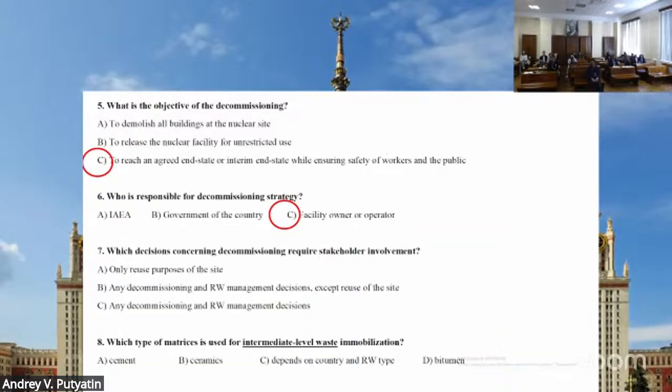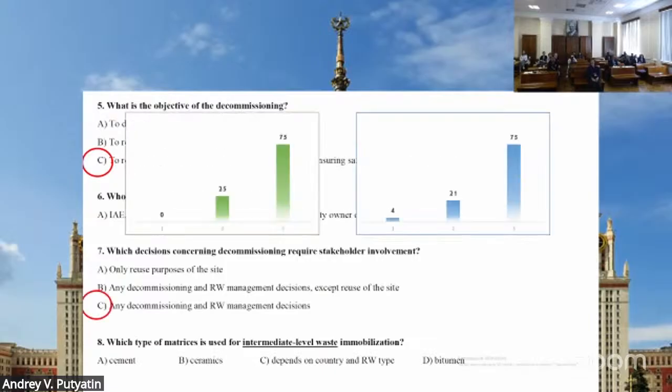Incorrect answers. Which decisions concerning decommissioning require stakeholder involvement? Any decommissioning activities. So again, it was a slight distribution of not very correct answers, but again, it was already a high percent of the correct answers.